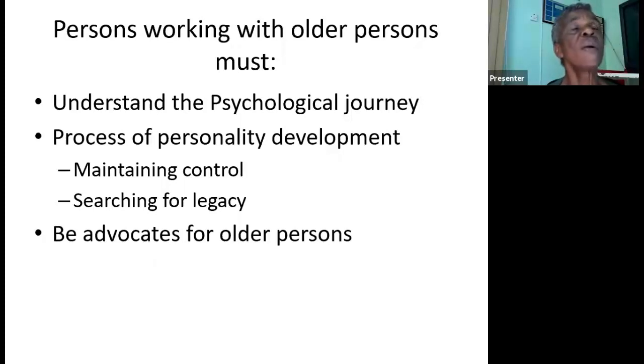And therefore, how can we be advocates for older persons, bearing in mind where they are, what they have achieved in life? And though they may not be at the forefront in moving things, how can we ensure that they get their space and that what is for them goes to them?